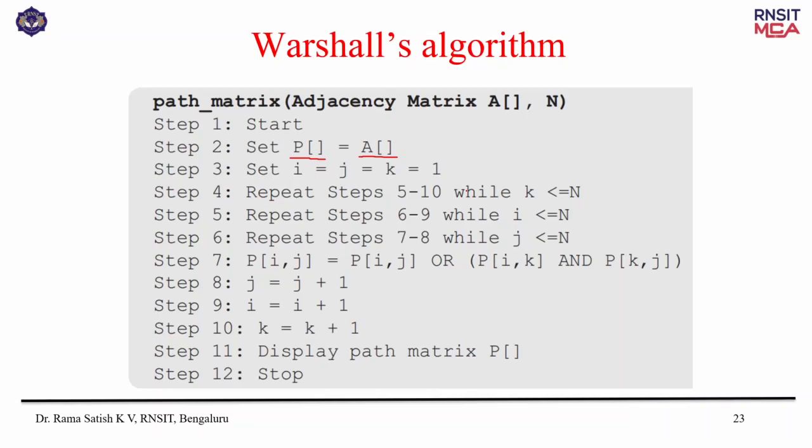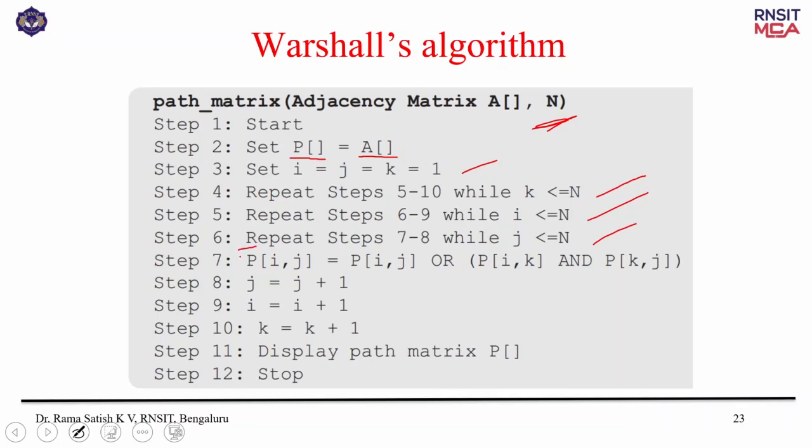You create loops: the k loop works n times, because n is the number of nodes, the i loop also runs n times, and the j loop also runs n times.